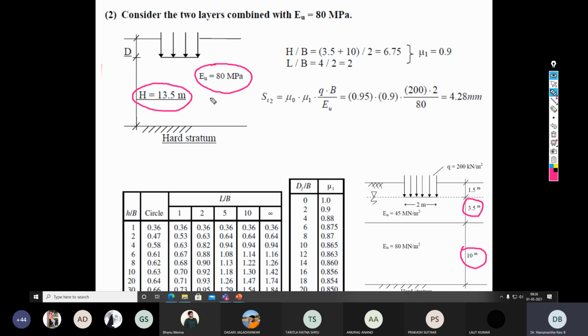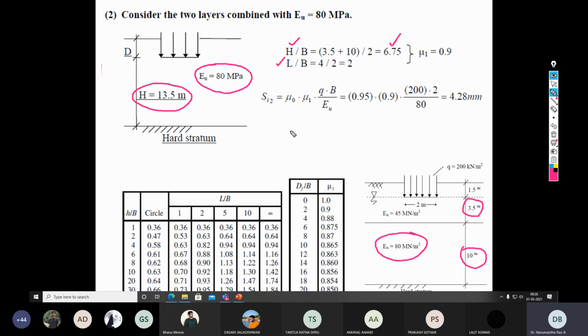In the first case, we took only the first layer with Eu of 40 megapascals. In the second case, we have considered the whole 13.5 meter depth, assuming Eu of the soil is 80 megapascals. Having assumed this, recalculate the H by B, L by B and Df by B parameters. Here H is 13.5 meter, B is 2, so H by B comes out to be 6.75.